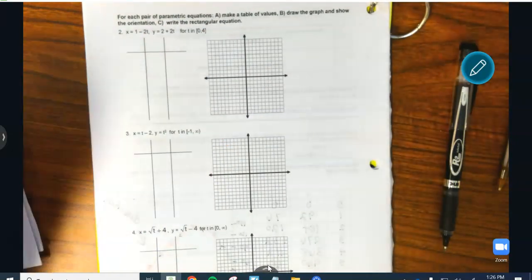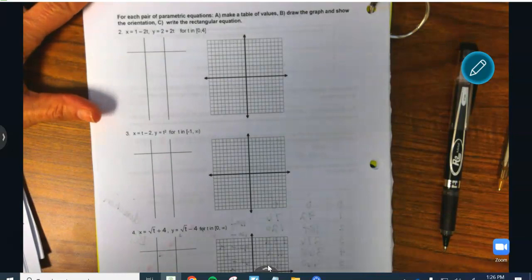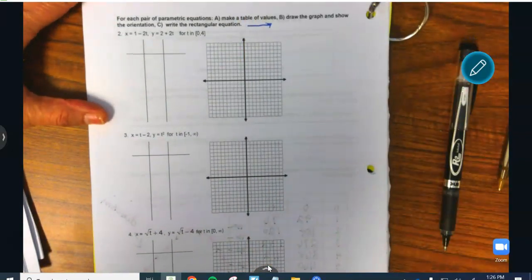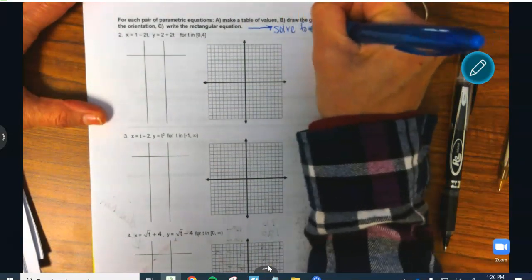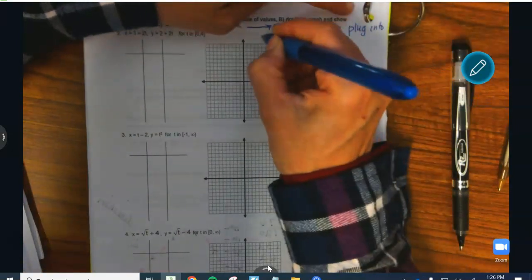We're going to write an equation. To write an equation, very, very easy. You just solve for t for one equation and plug it into the other. Solve for t and plug into the other, with domain.